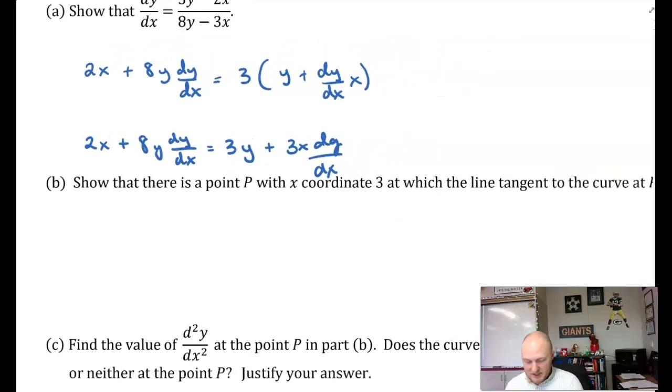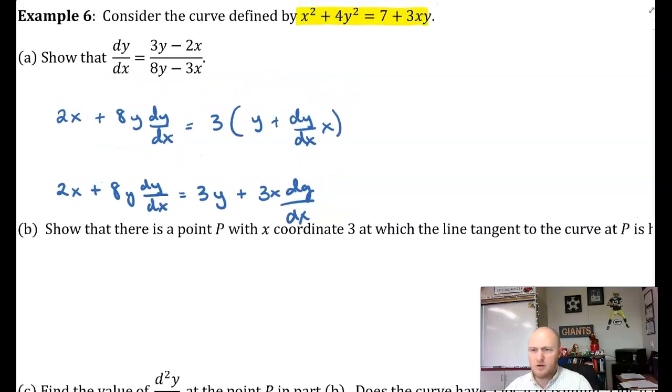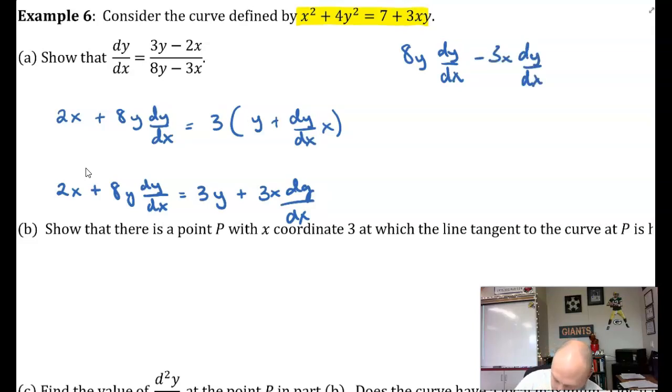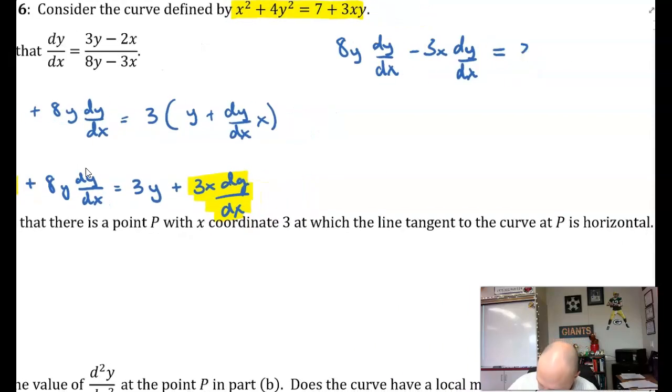Okay, if I want to solve implicitly, I'm going to move all of my dy/dx terms over to the left side. So after I move, we get 8y dy/dx minus 3x dy/dx. I'm also going to move the 2x to the other side. So this gives us 3y minus 2x. We'll factor out our dy/dx, the derivative of y with respect to x.